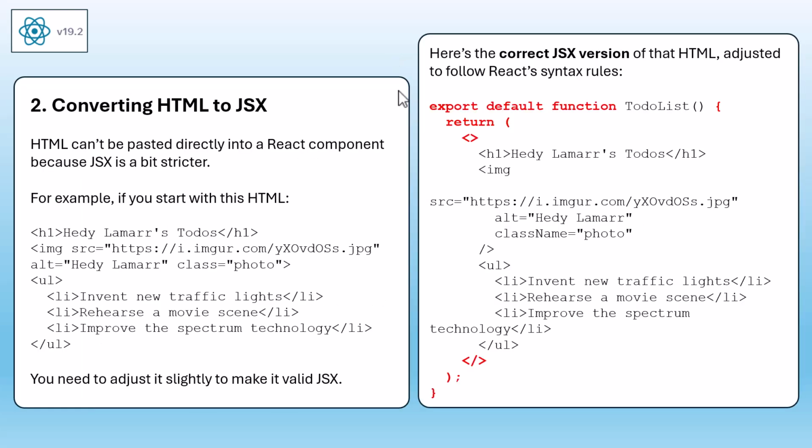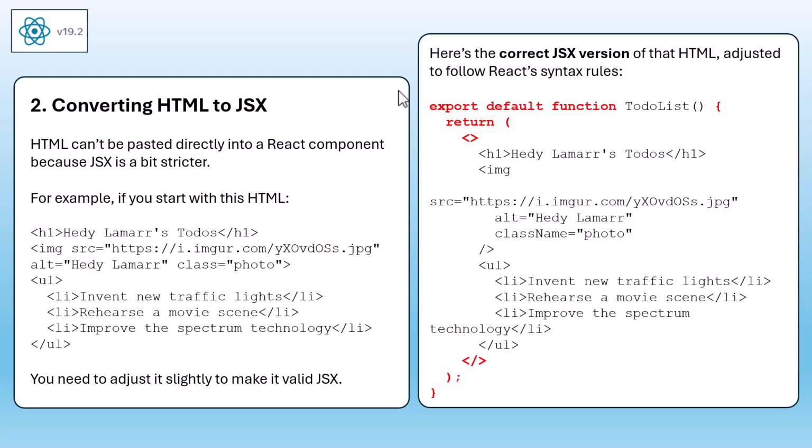2. Converting HTML to JSX. Now, imagine you have some HTML written the traditional way, maybe a heading, an image, and a list of items. If you copy that HTML directly into your React component, it won't work immediately. JSX looks similar to HTML, but it follows stricter rules.